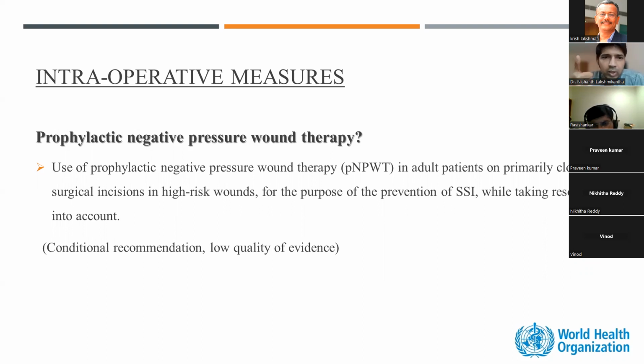You're reducing the risk of seroma, reducing the risk of some fluid being collected there, which has a potential of developing infection. And they also say that vacuum dressing, because of the negative pressure, will help neovascularization, or it improves the blood supply to that particular region. But the point to be noted here is high risk wounds, okay, not routine.